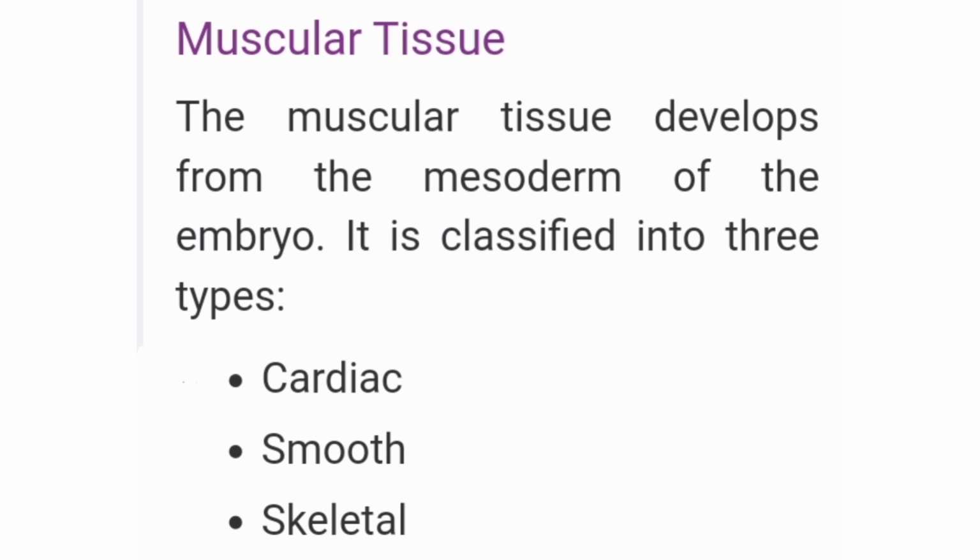Third one, muscular tissue. The muscular tissue develops from the mesoderm of the embryo. It is classified into three types. First one, skeletal. Second one, smooth. Third one, cardiac muscle.